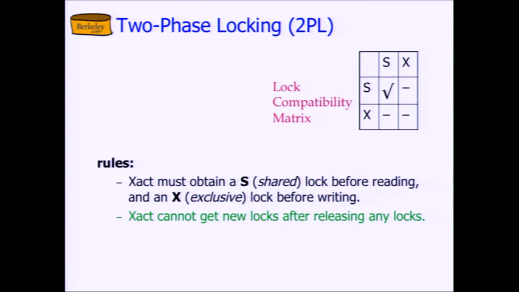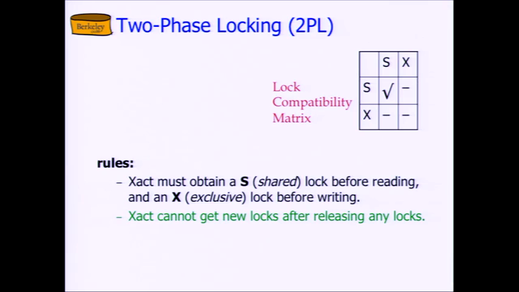That's the two-phase part. So the first part is the locking part: when do you have to get locks? Well, you have to get S locks before reads and X locks before writes. And the two-phase part is there's a phase where you're acquiring locks, and then there's a phase where you're releasing locks. And you can't go back. Once you start releasing locks, you can never acquire locks again. So those are the two phases.